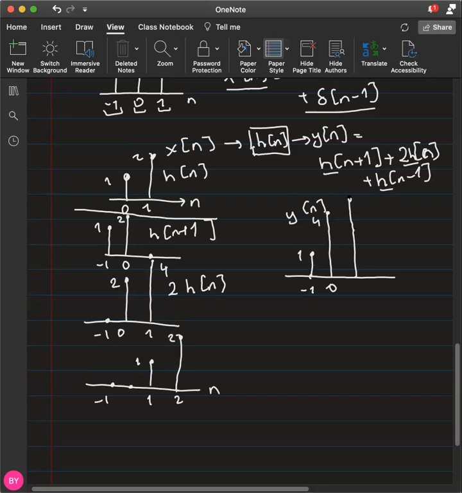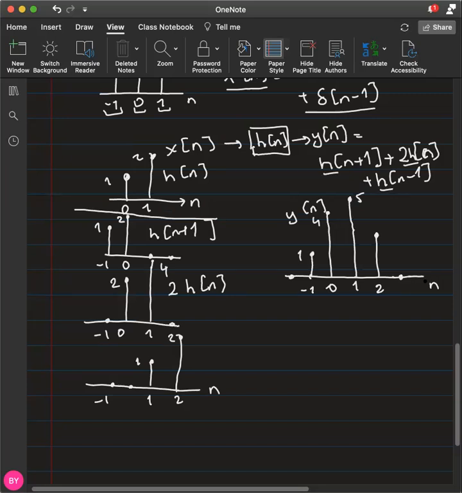I will have 5 at 1. And then nothing here, 2 here. I will have 2 at 2. And other than that, I don't have any other values. Every other value is 0.